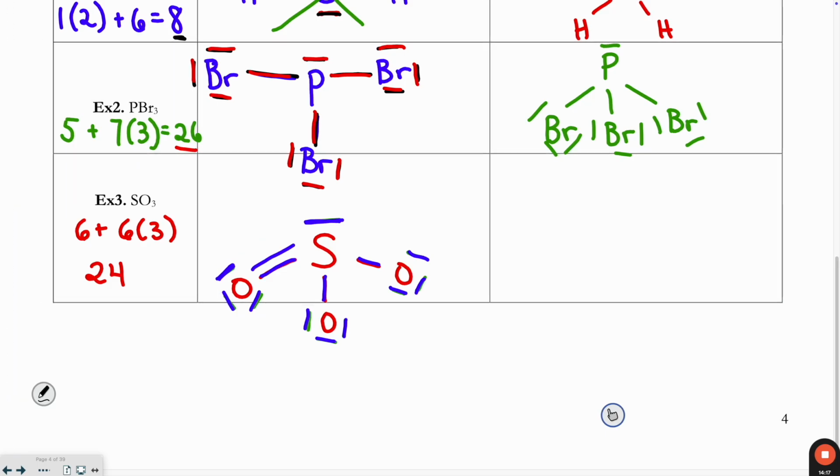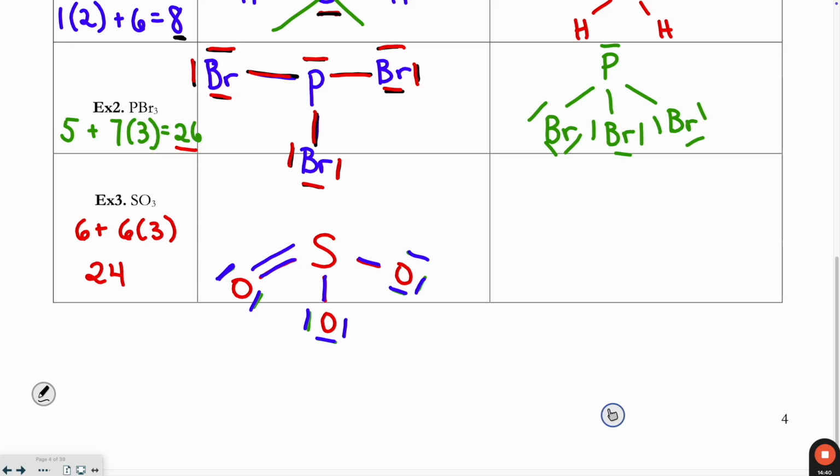So I'm going to get rid of this lone pair here. And for this oxygen, it also has 10 on it, so I'm going to get rid of this lone pair. Now, everyone's still happy, but I'm using 2, 4, 6, 8, 10, 12, 14, 16, 18, 20, 22, 24 electrons. So this is pretty tricky, but you guys can do it.